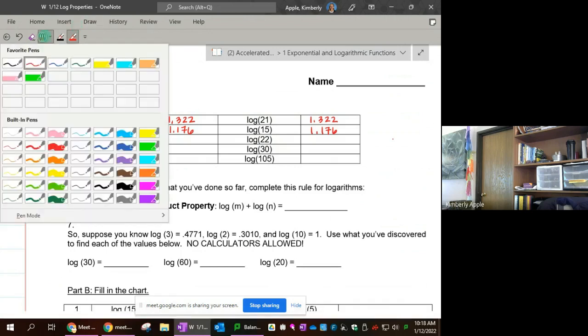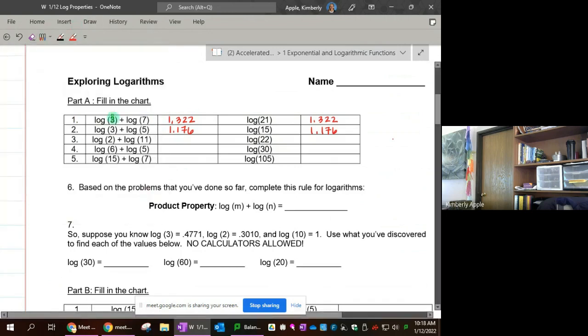But what I want to draw your attention to here is the relationship between these two numbers, 3 and 7, and this number, multiplication. Is it also true in 2? We need to at least check a couple of cases. Yeah. 3 times 5 is 15.